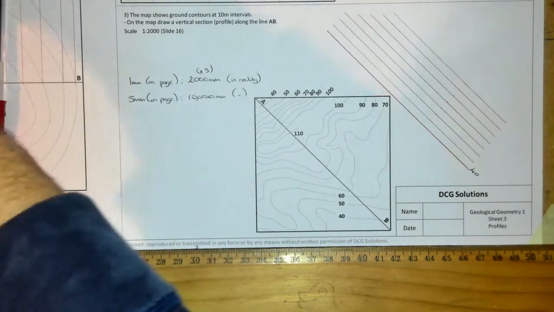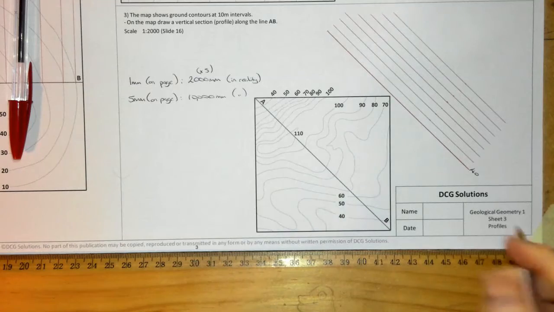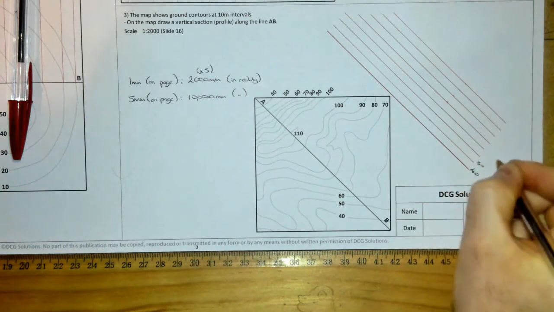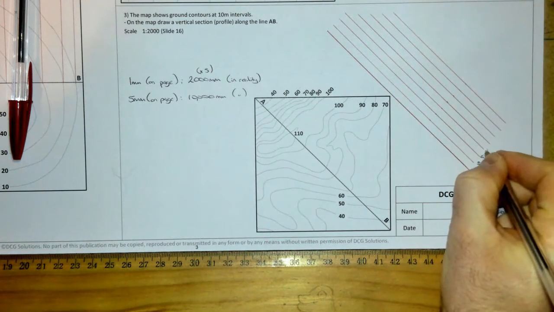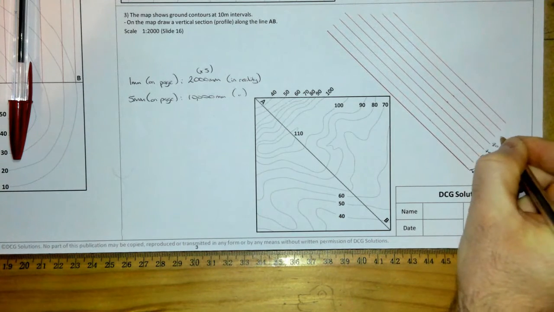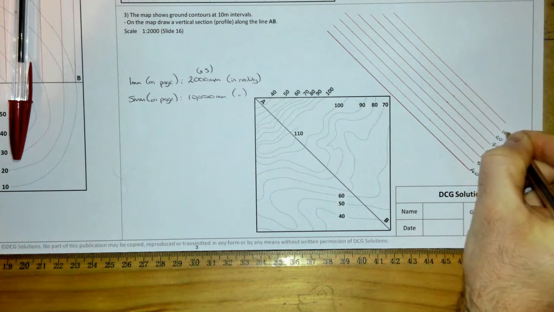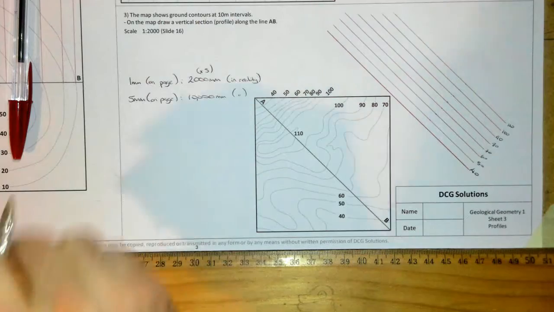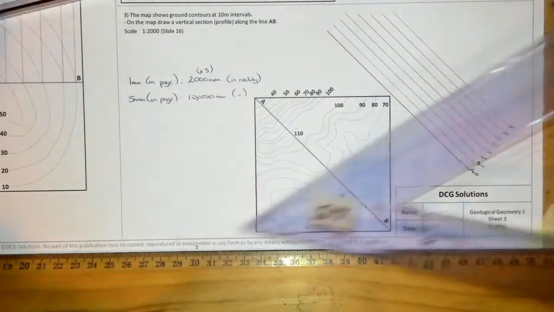And once again, writing it in at the side as well: 50, 60, 70, 80, 90, 100, and 110. Okay, so now what we're going to do is simply plot those points.